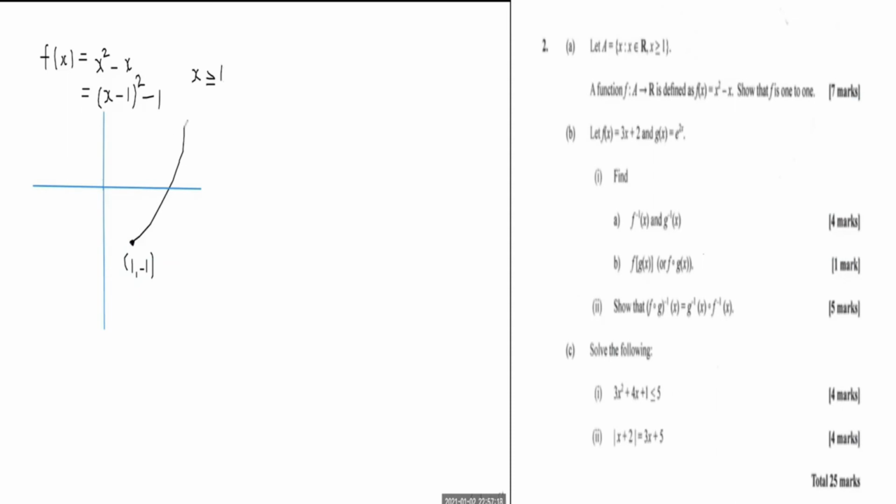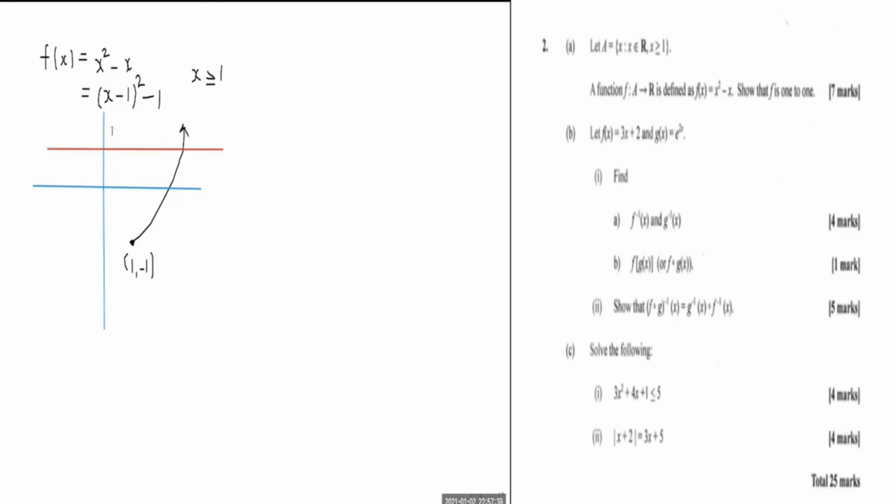So if this is all we have left back, what we can then do is a horizontal line test. So doing a horizontal line test, we notice that it only has 1 point of intersection.